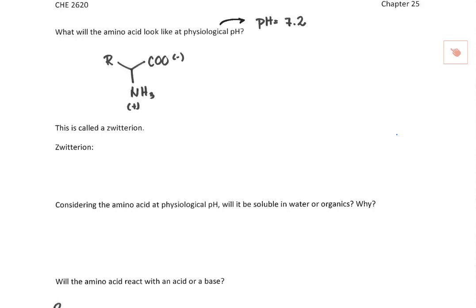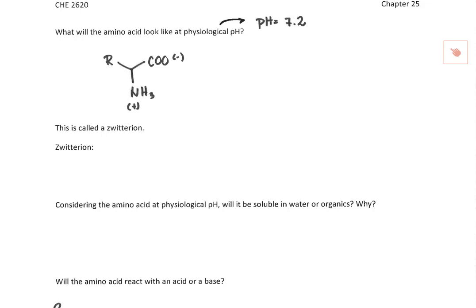What I want you to do is pause and go back to the top of the prior page that you just took notes on and see why you're going to have a deprotonated COOH, so COO minus, and a protonated amino, because this is going to be very important for your future exam questions.